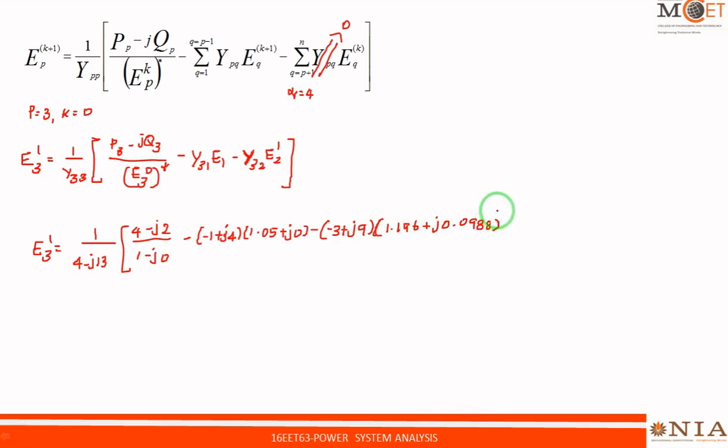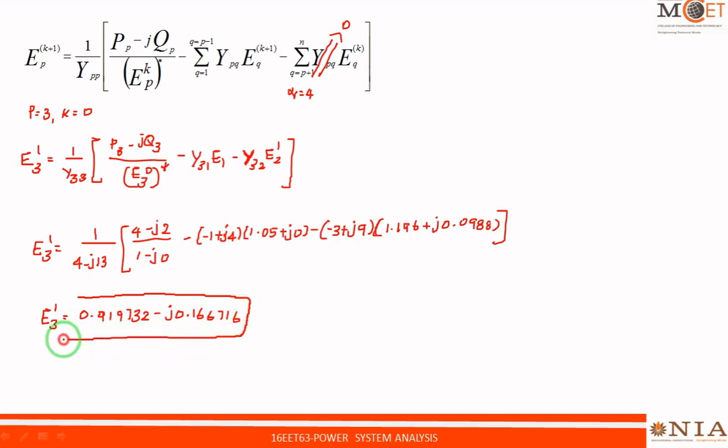So when I use all these expressions, finally I get E3 of the first iteration as 0.919732 minus j0.166716. So this is the expression for E31.